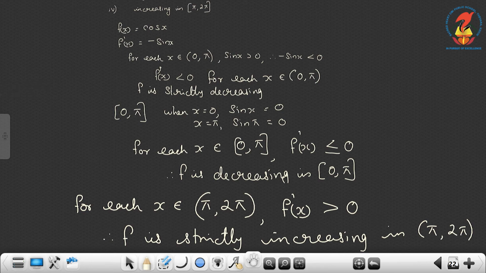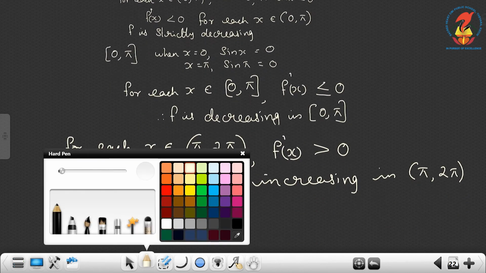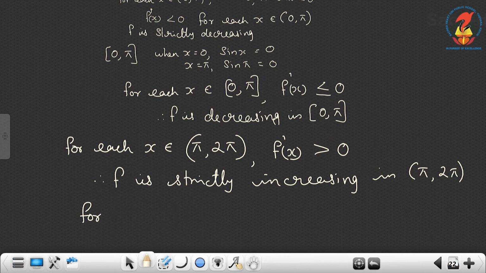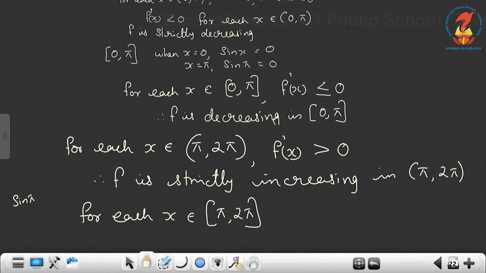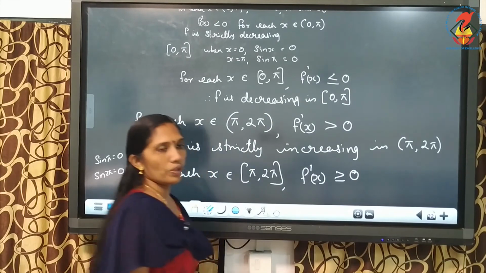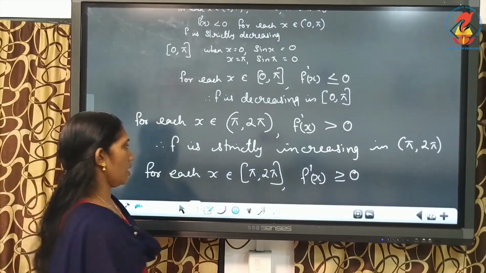Then what about closed interval pi to 2 pi? For each x belongs to closed interval pi to 2 pi, we have to include pi and 2 pi in sin. So, sin pi is 0, sin 2 pi is also 0. So, we get f dash x is positive as well as 0, so greater than or equal to 0.